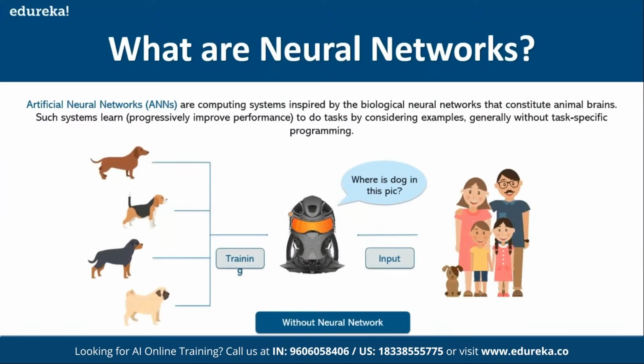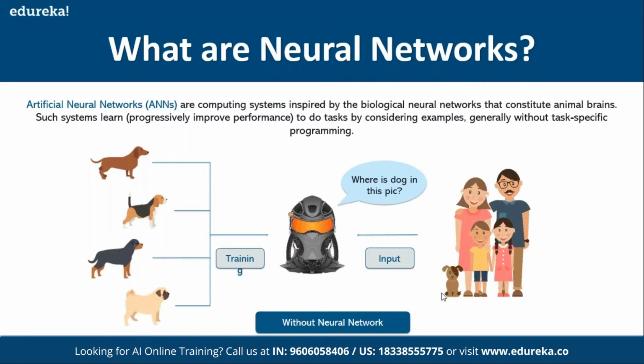So, what is a neural network or artificial neural network? It is predominantly called ANN. What you see here is a very interesting image. You are seeing some kinds of dogs, and you are showing an application a photo of a family with a dog.